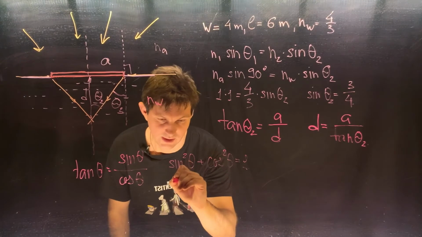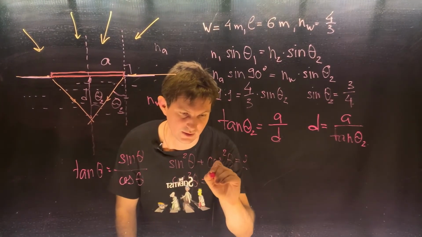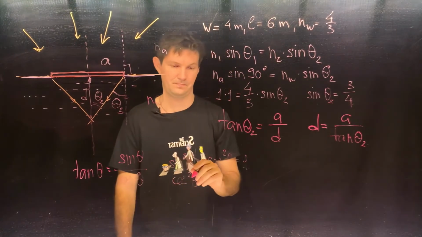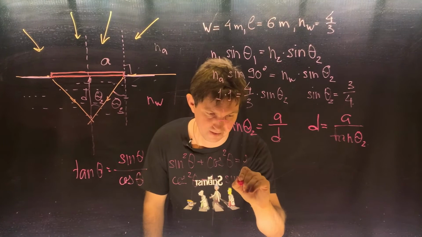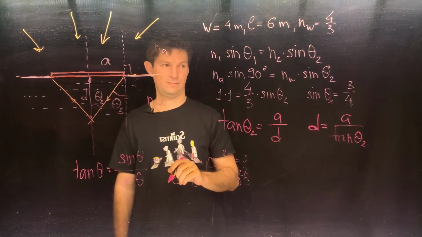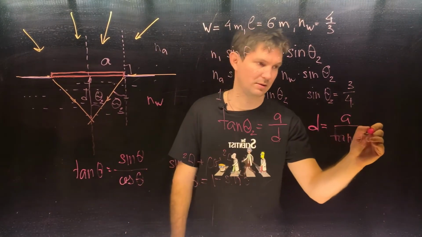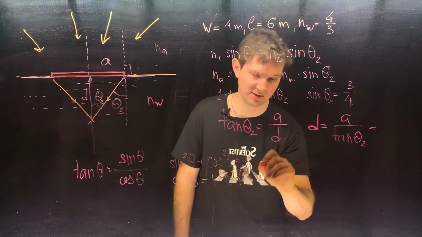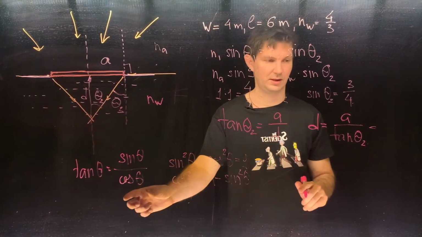And square of cosine of theta is 1 minus square of the sine of theta. So let's substitute sine and cosine.